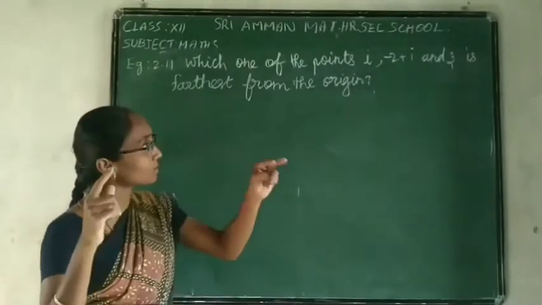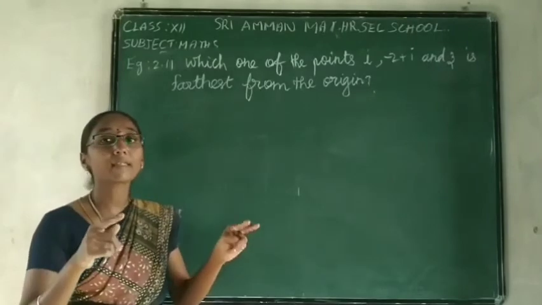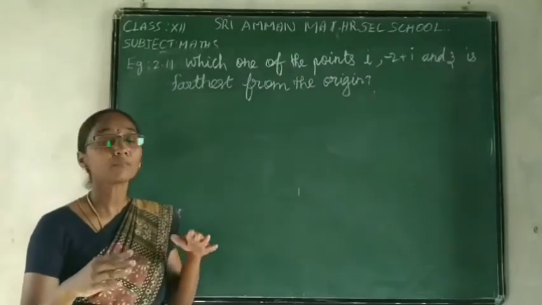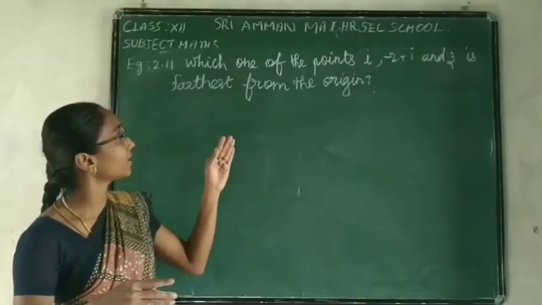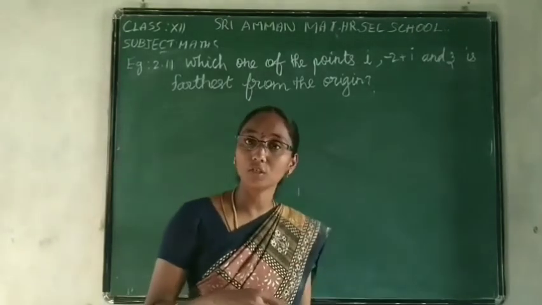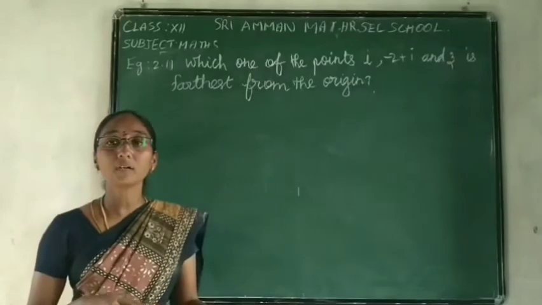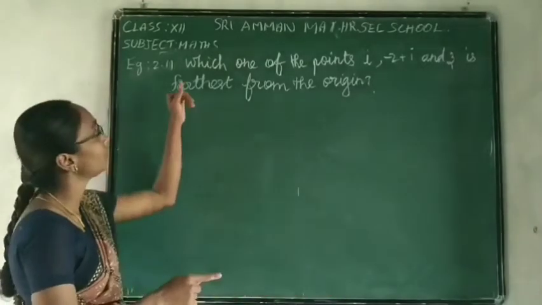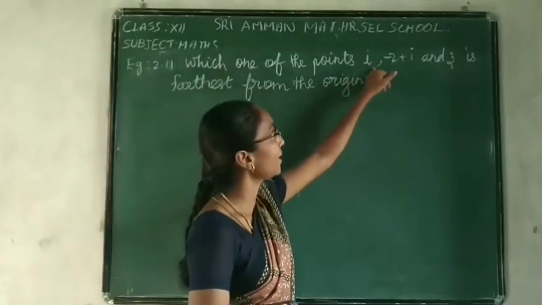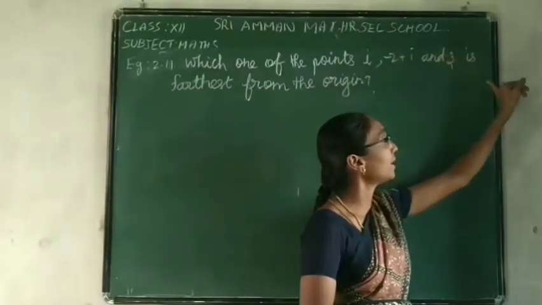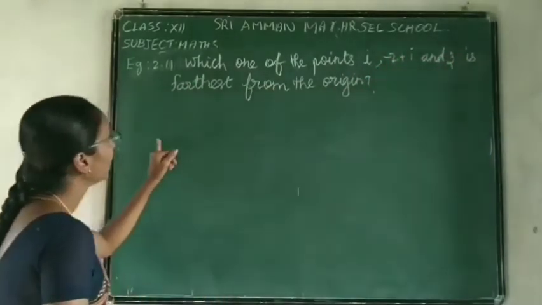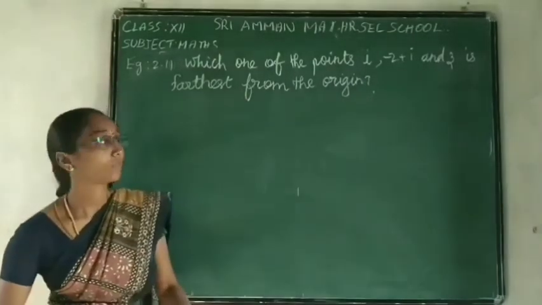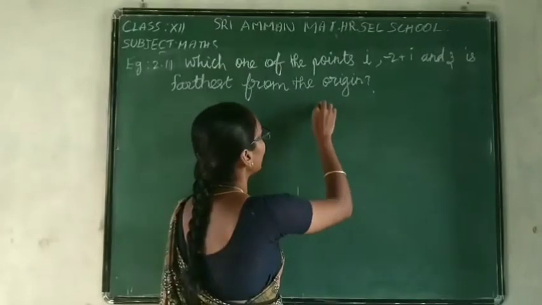Which complex number is furthest, at the greatest distance, from the origin? Listen to the question first of all: which one of the points i, minus 2 plus i, and 3 is furthest from the origin? Now, I draw this.